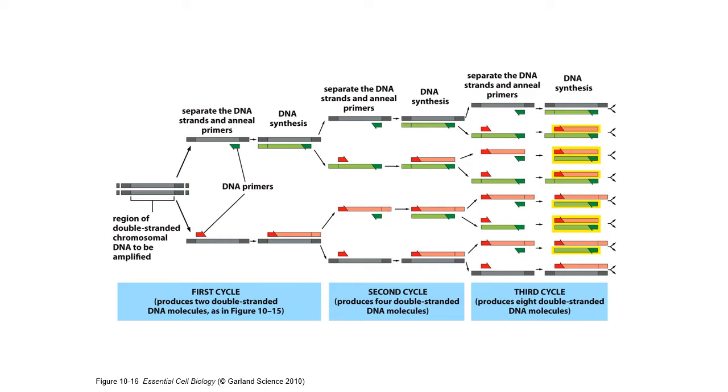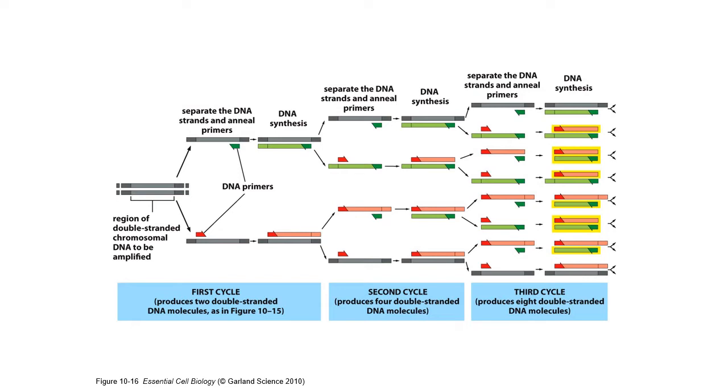You have your double-stranded DNA, you melt it, the primers will anneal, you extend the primers to create new strands. Then the whole process is repeated. Denature the strands, allow the primers to anneal, and those primers are then extended to create two more new strands. And again, this is the third round, heat, anneal, extend to get more of the same products.